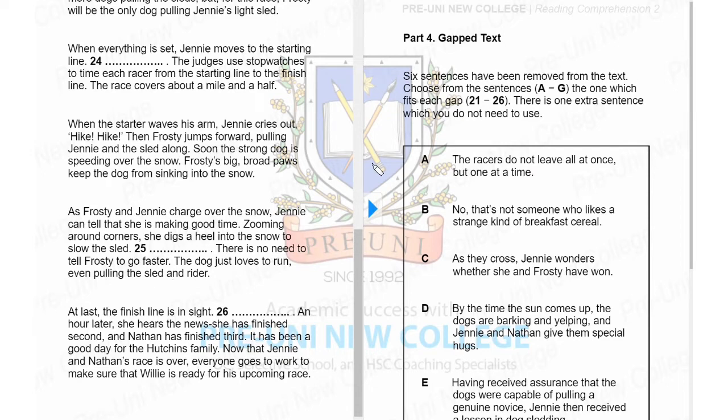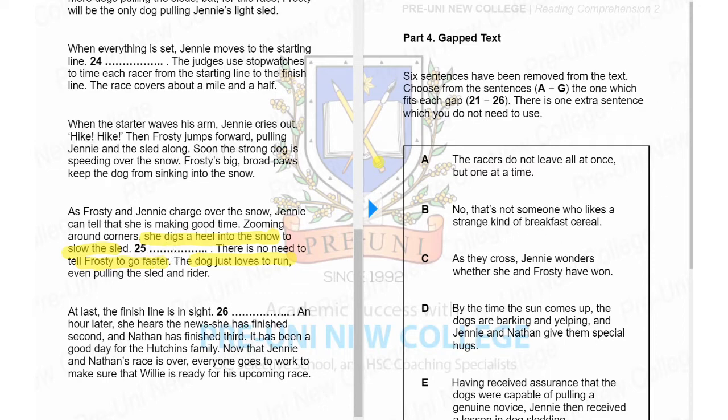Okay, so this is clearly during the race, and we're told all about Jenny's racing techniques. She can dig a heel into the snow to slow the sled, and then we are told how she goes faster. The dog just likes to run fast anyway, so she is going to be zooming along the snow.